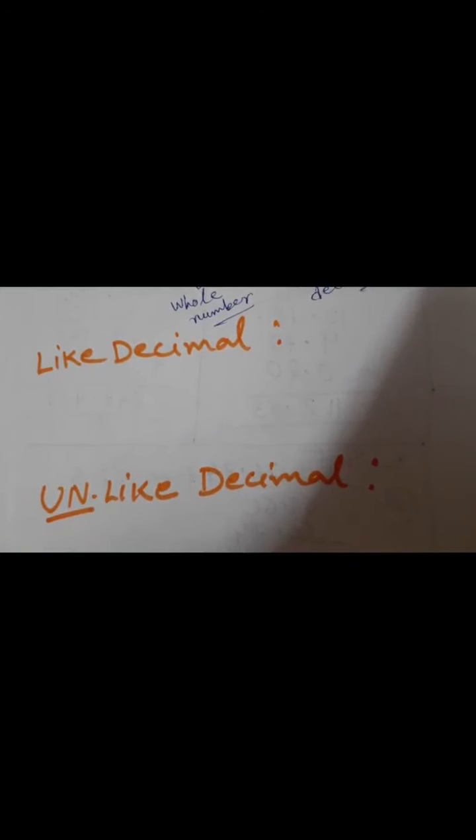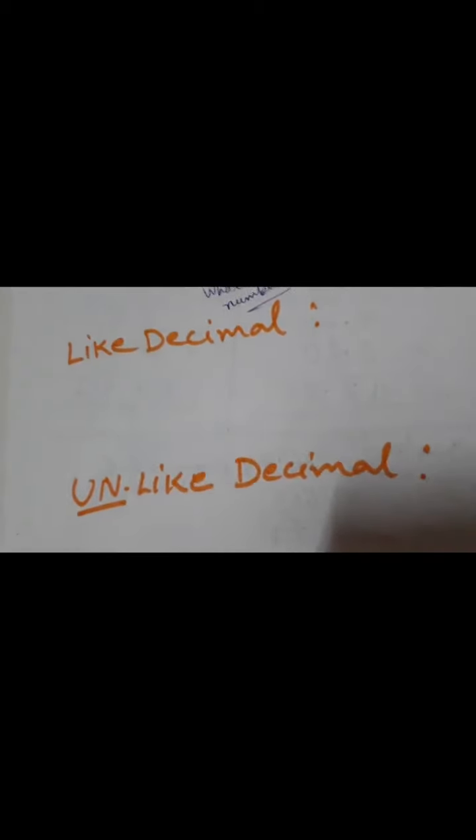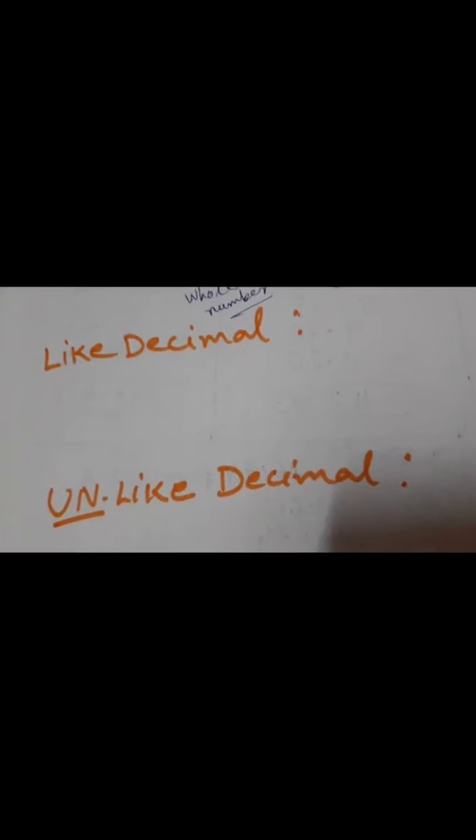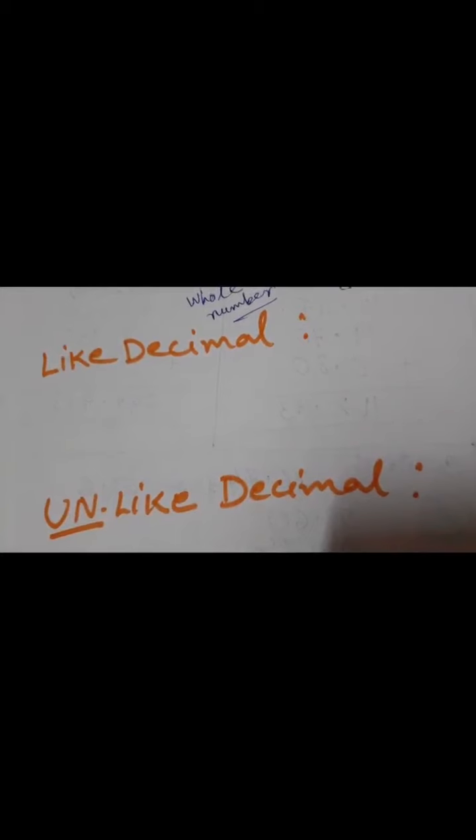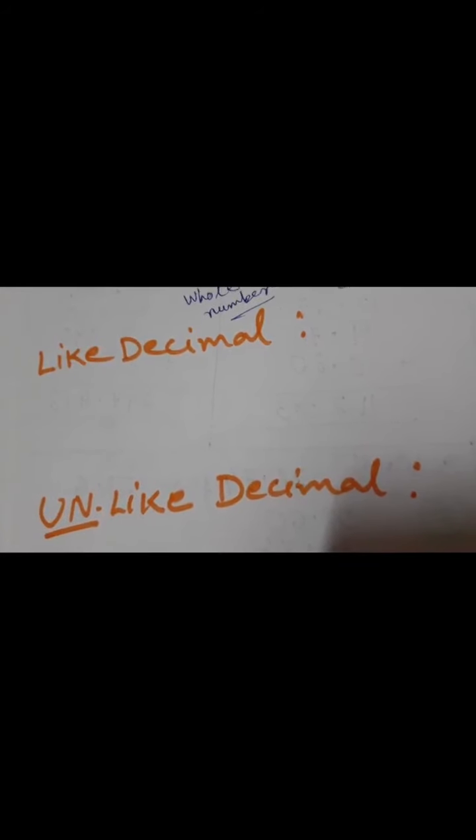So what are like decimals? Like decimals are those decimals having the same number of decimal places. They are called like decimals, and decimals having different numbers of decimal places are known as unlike decimals.